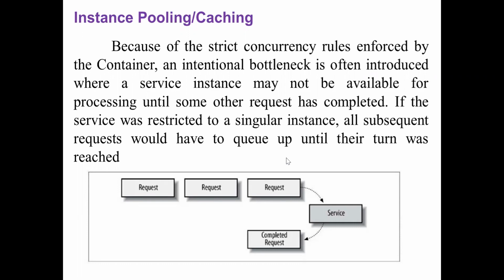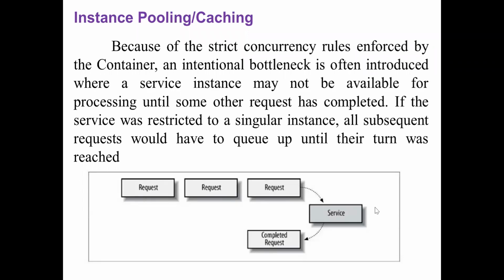So the main point is that when there is a series of requests to the data service, we have to restrict the rules. Once the first request completes, only then will the next request act. All the subsequent requests have to queue up until their turn is reached. So this is what we call instance pooling and caching.